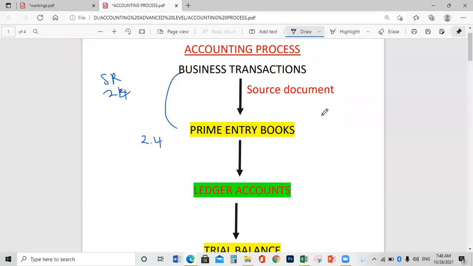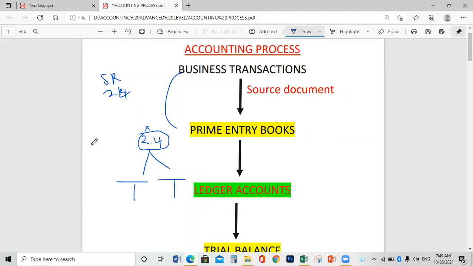After you're done with the prime entry book, you will take it to the ledger account based on the double entry system. Since you recorded an incorrect value in the prime entry book, your ledger account is also wrong, because only the total of the prime entry book is taken to ledger accounts.